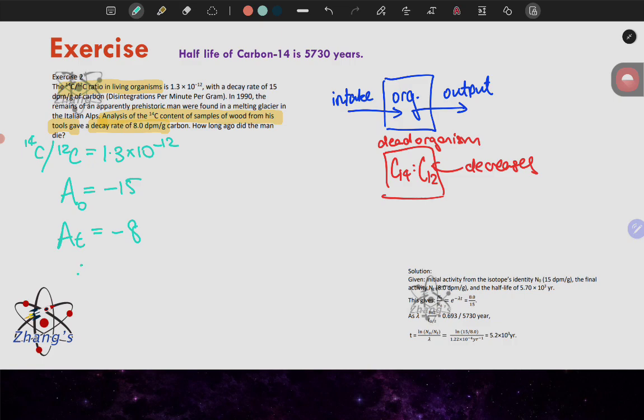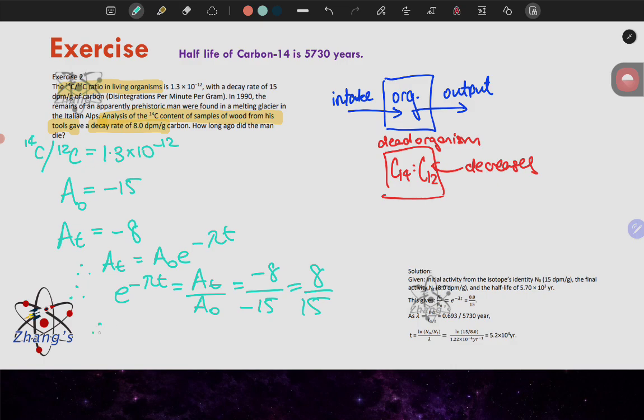So we have this AT to A0 ratio now, and we also know that AT is equal to A0 e to the power of negative lambda t. This is the decay equation that we discussed in today's lesson. So as a result, what you're trying to find is your e to the power of negative lambda t, which is AT on A0, and AT on A0 is -8 on -15, which is 8 on 15.